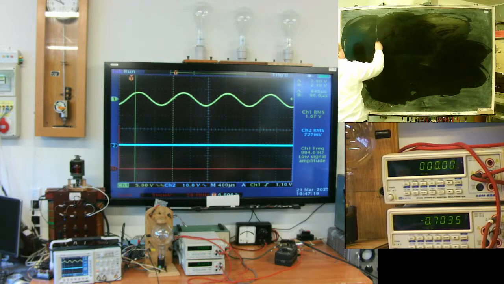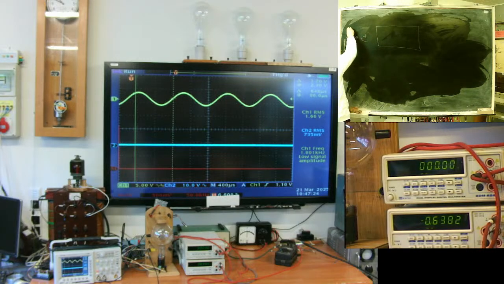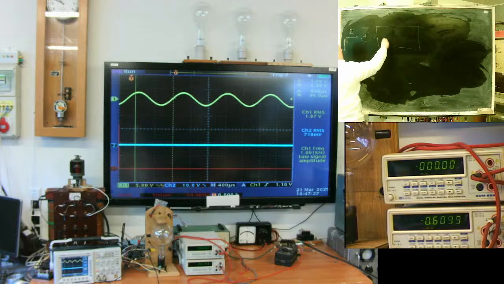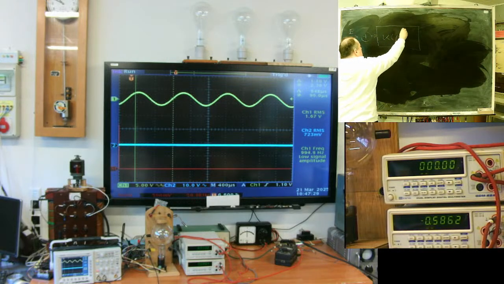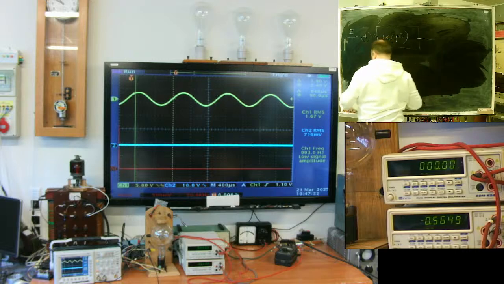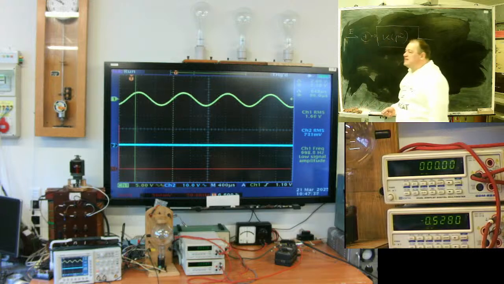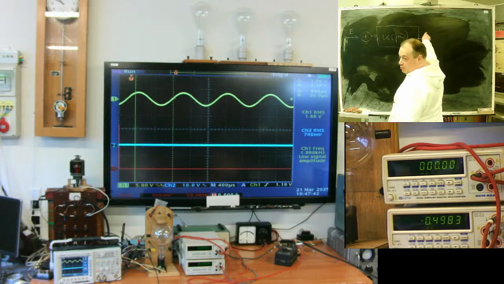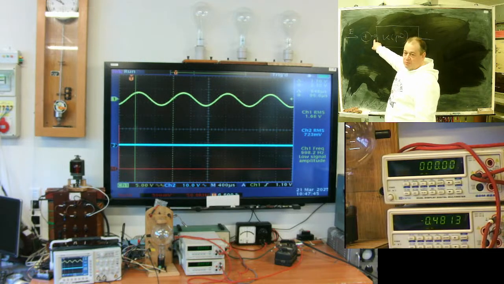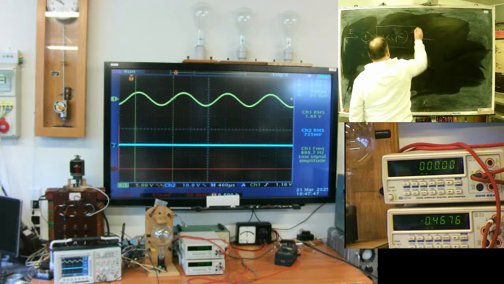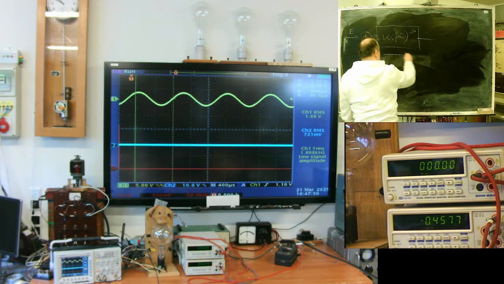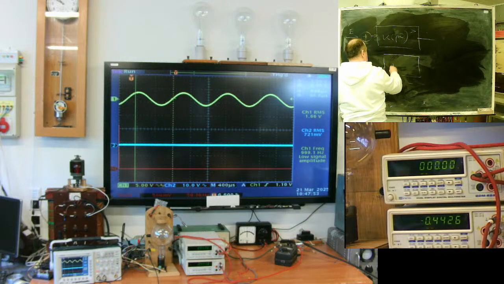Okay, let's say I have an input, I have some kind of linear stage with positive gain, where power on the output is greater than power on the input. This one is amplifying. And I have a return, which can be characterized as beta.